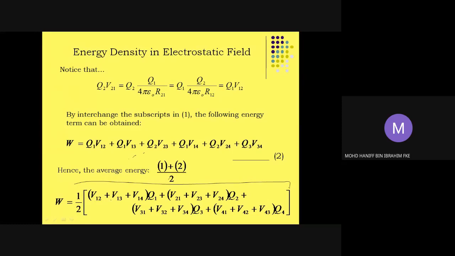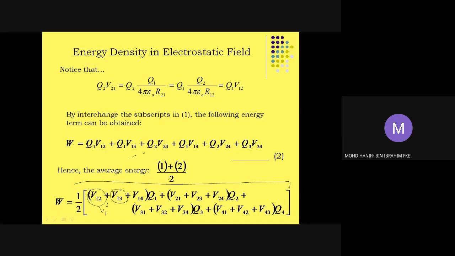If we base on this equation, this is V12 plus V13 plus V14, which we can also write as V1 only. V12 is the potential at charge Q1 due to charge Q2.